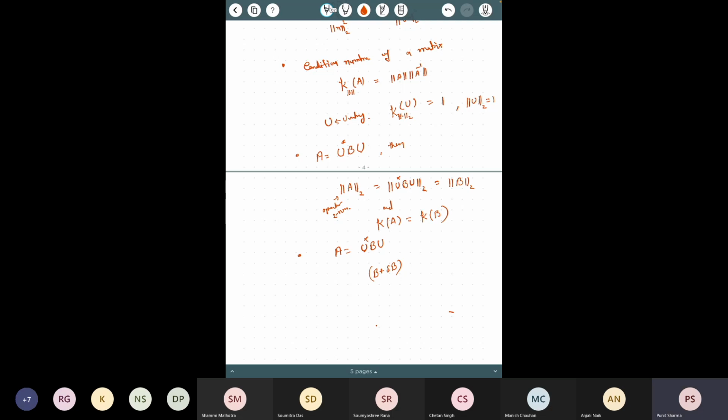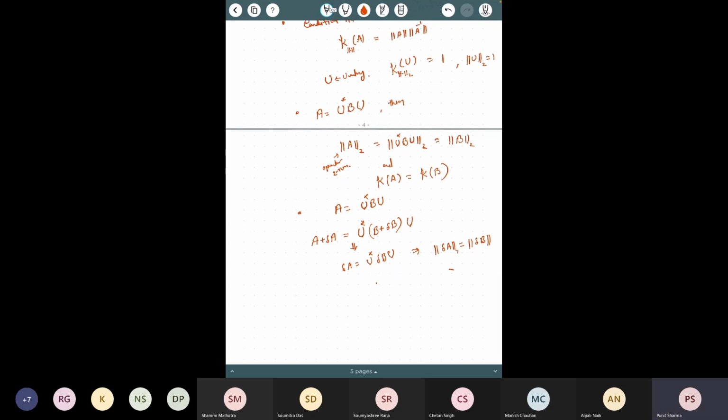This delta B shows the change in B, or you can say the perturbation in B. And then you look at the same thing, U star (B plus delta B) U. Suppose that this results in the change of A, and the change in A is denoted by delta A. Now clearly this implies that delta A is equal to U star delta B U, because A is equal to U star B U. But then this implies that norm of delta A is same as norm of delta B. So this norm is some unitarily invariant norm, you can say the two norm here.